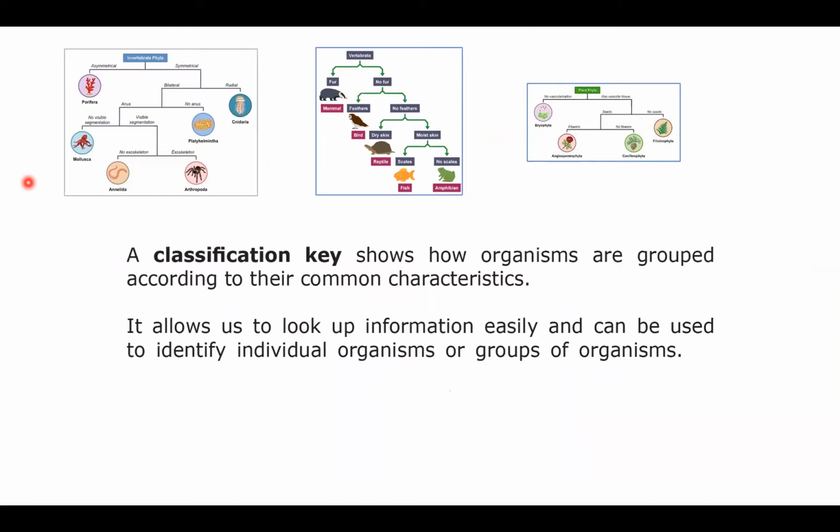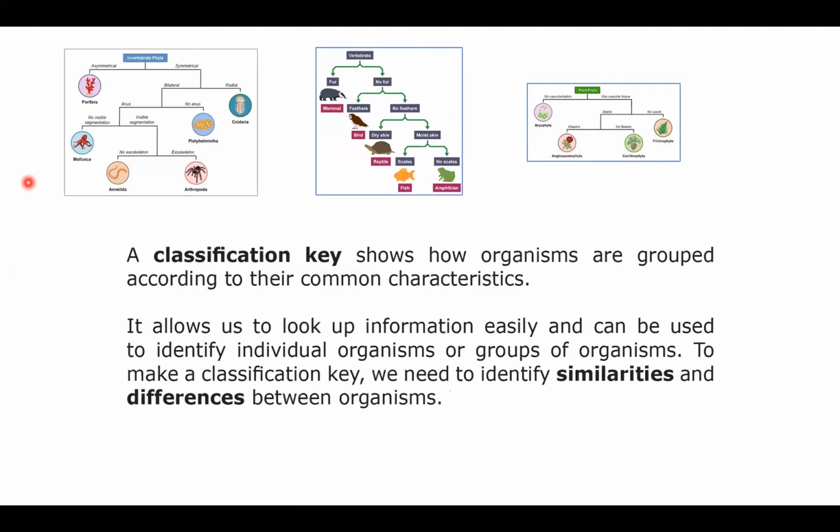So a classification key allows us to easily arrange the organisms in their specific group according to their characteristics. To make a classification key, we need to identify similarities and differences between organisms. So, kalau kamu akan buat classification key, kamu mesti tahu apa persamaan dan perbezaan organisme yang ada.